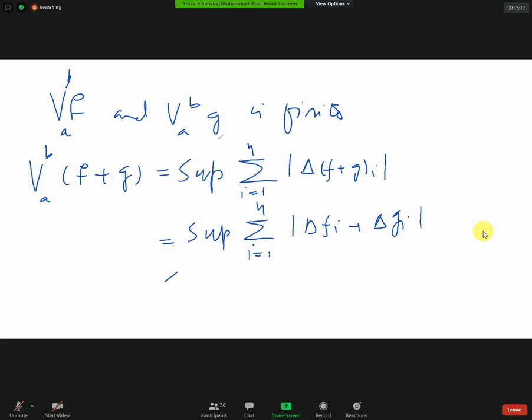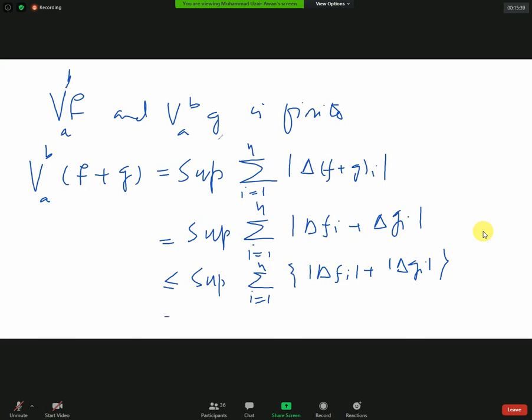So that will be less or equal to the supremum of the summation i equal to 1 to n of the absolute value of del fi plus del gi. Here we have applied the triangle inequality property of absolute value.